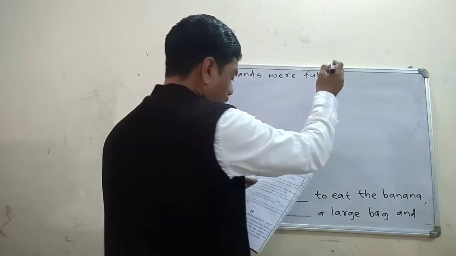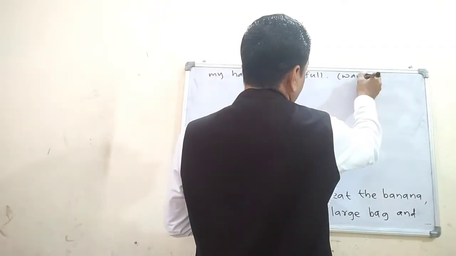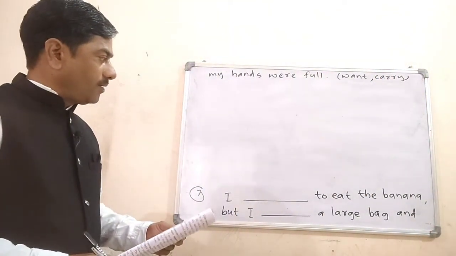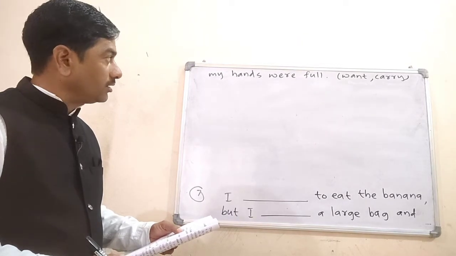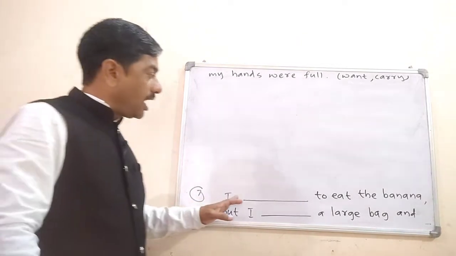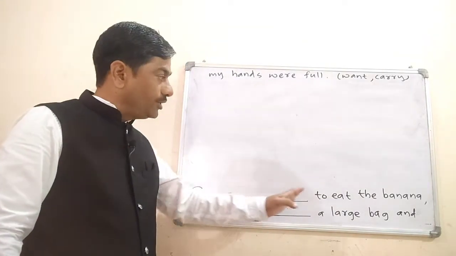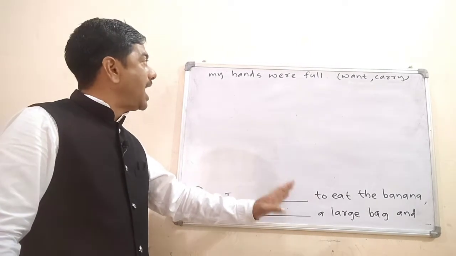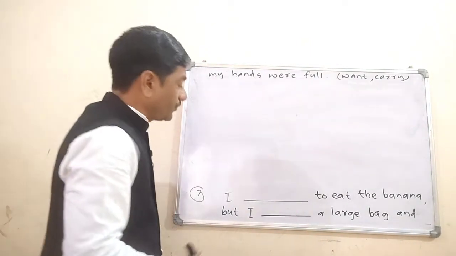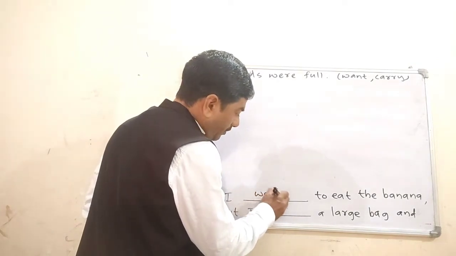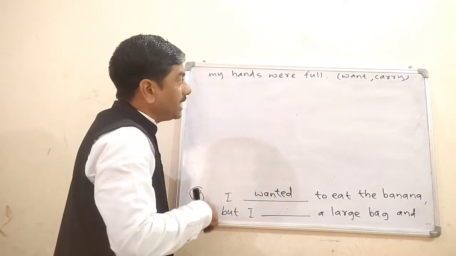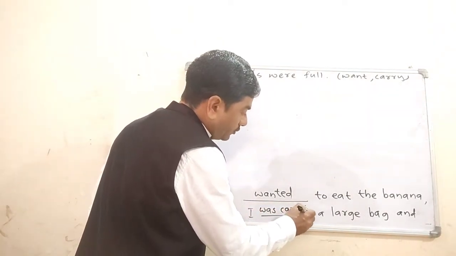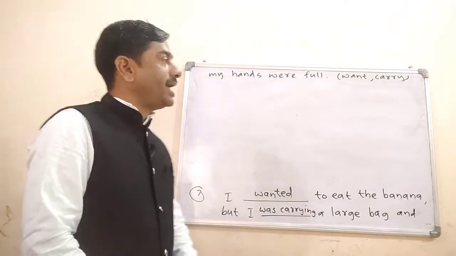So there are two verbs, want and carry. I wanted to eat the banana, but I was carrying a large bag and my hands were full. So I wanted, simple past here, and I was carrying, past progressive.